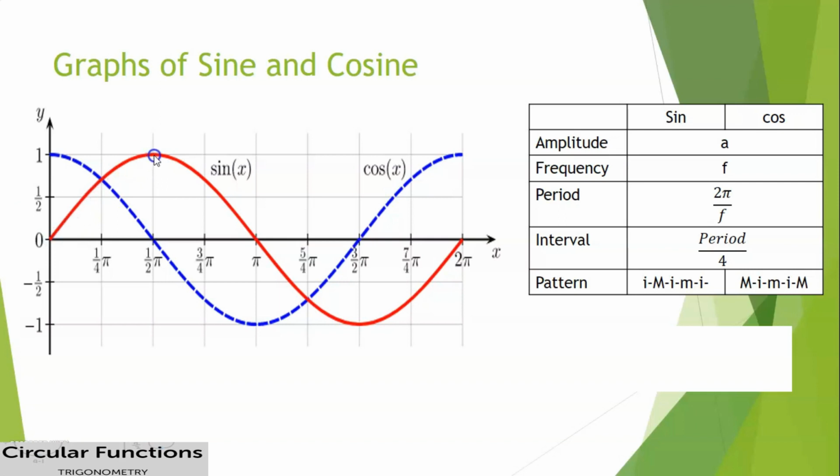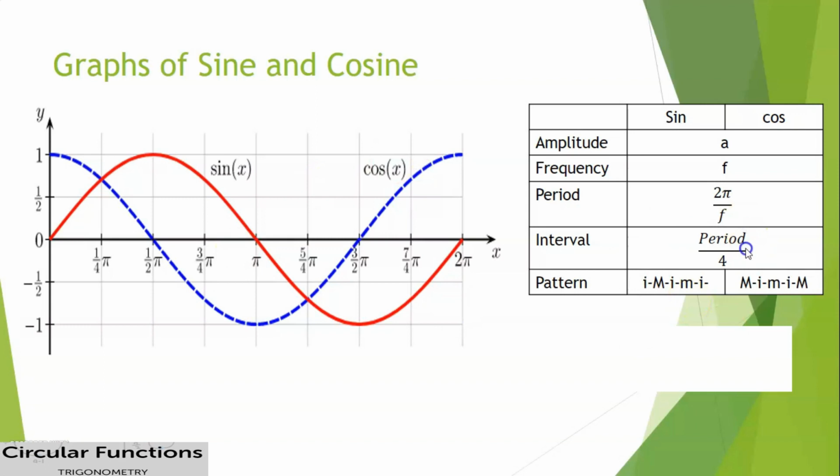It goes intercept, maximum, intercept, minimum, and intercept for sine. Well, it's different for cosine. For cosine, it's maximum, intercept, minimum, intercept, and maximum.